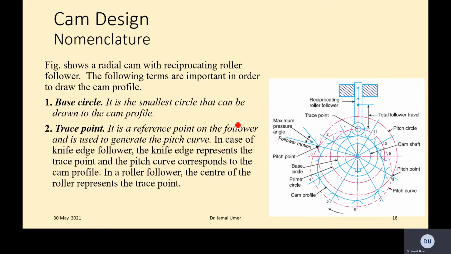All right, so we have some fundamental terminology for cams. The figure shows a radial cam with a reciprocating roller follower. This is the diagram.